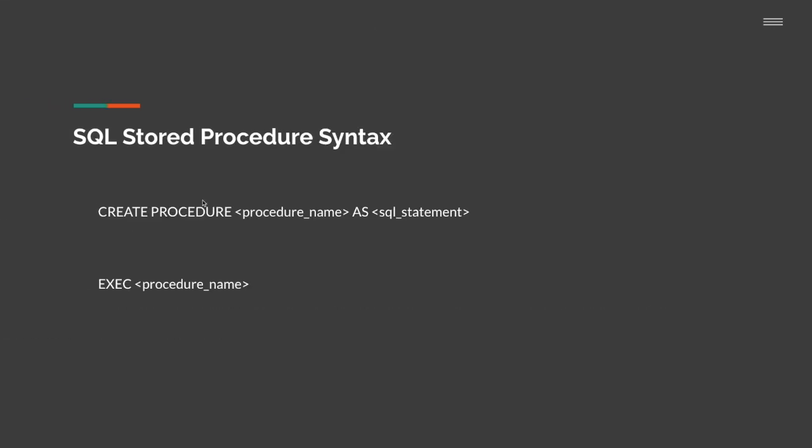Our key takeaways: in using a SQL stored procedure, you would use the following syntax to create the stored procedure. You'd start off by using create procedure, then you'd provide the name that you want the stored procedure to be called, then you'd use the as keyword, and then provide the SQL statement that will be executed when the stored procedure is called.